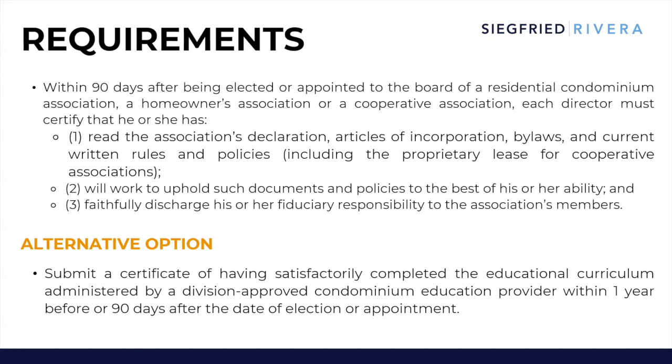Directors must also certify that they will work to uphold the governing documents and policies to the best of the director's ability, and that the director will faithfully discharge their fiduciary responsibility to the members of the association.